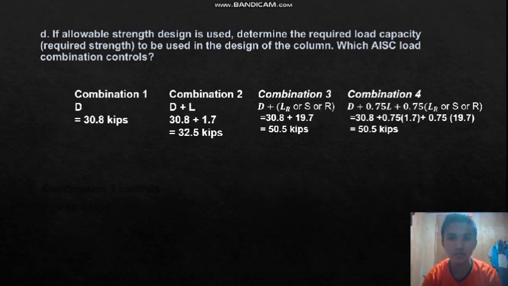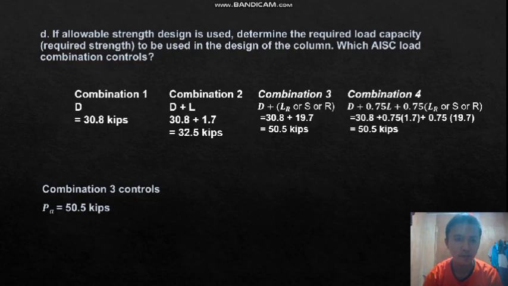So the load combination that controls is combination 3, and the load capacity is 50.5 kips.